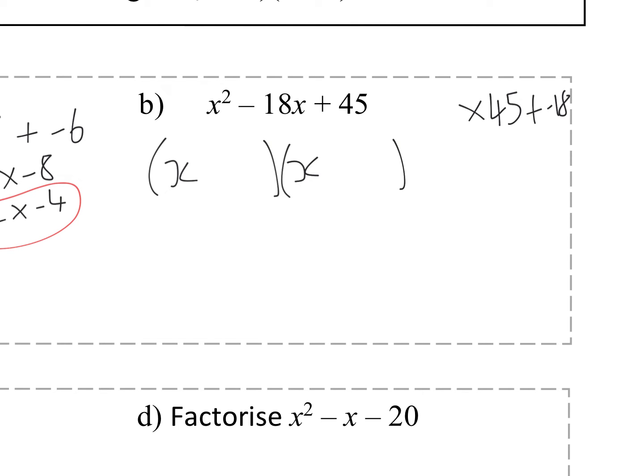So again, like the last one, we're looking for a positive result when we multiply the two numbers, but a negative result when we add them, so that has to be two negative numbers. So that could be minus 1 times minus 45. 2 doesn't go in, 3 does. Minus 3 times minus 15. And those two add to give minus 18. So those are the values we put in.